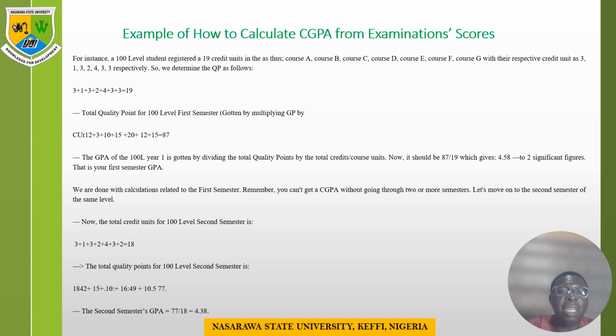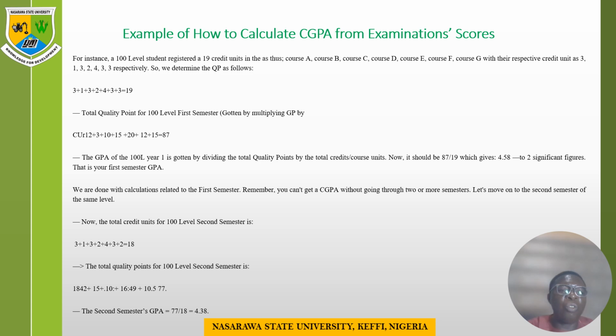So we determine the total by adding all these units: 3 plus 1 plus 2 plus 4 plus 3 plus 3 plus 3 equals 19.